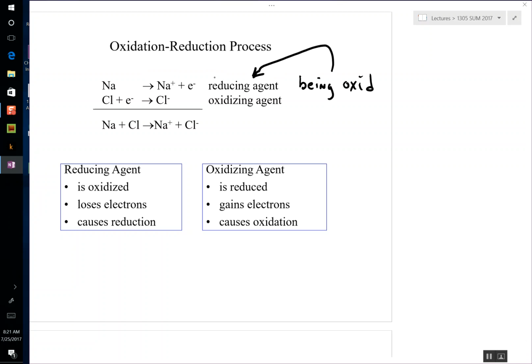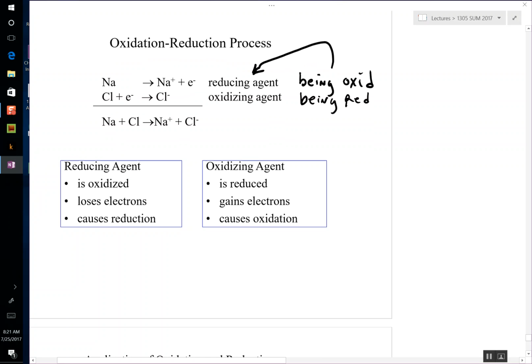So it's the agent that's causing the chlorine to be reduced, so it's a reducing agent. Chlorine is the oxidizing agent here. It is being reduced. Those kind of go together oppositely. The thing being reduced is the oxidizing agent. The thing being oxidized is the reducing agent.